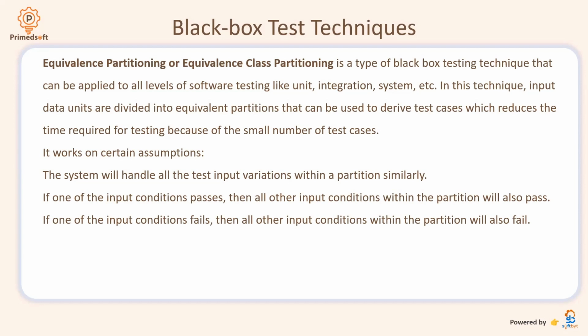If it falls under invalid, it is expected to behave the same way. If it falls under valid, they are expected to behave the same way. If it falls under negative, it's expected to behave the same way, right?